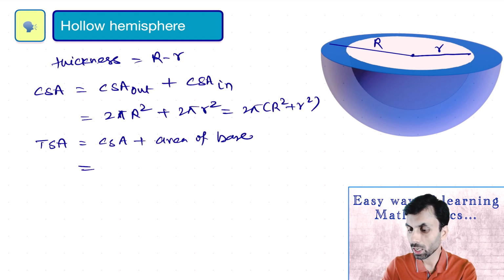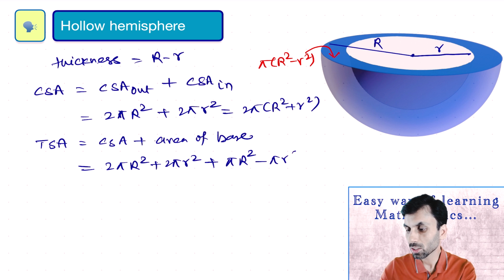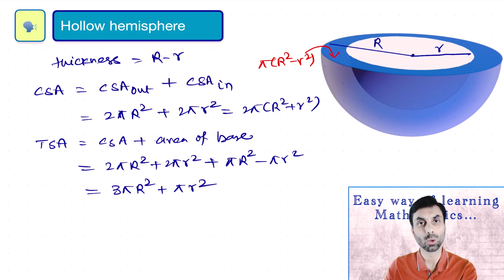So curved surface area, we know, is 2 pi R square plus 2 pi r square, and the base area will be pi into R square minus r square, which we can write as pi R square minus pi r square. So while adding, we will get 3 pi capital R square plus pi small r square, which will be the total surface area of hollow hemisphere.